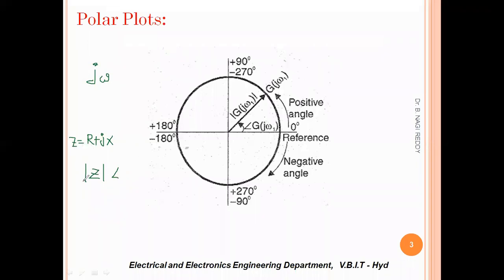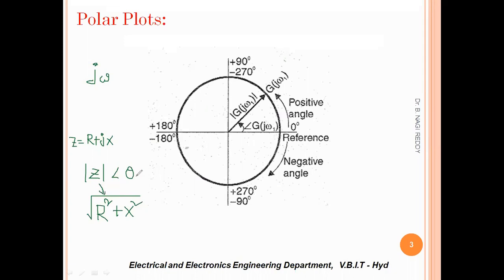And this can be calculated in the polar form as mod Z, the magnitude of this impedance, and theta is the angle of impedance. Generally, this mod Z is nothing but the square root of the real part square plus the reactive part square. So the real part square is R square and the reactive part square is X square. So this is the magnitude of the impedance, which is mod Z.